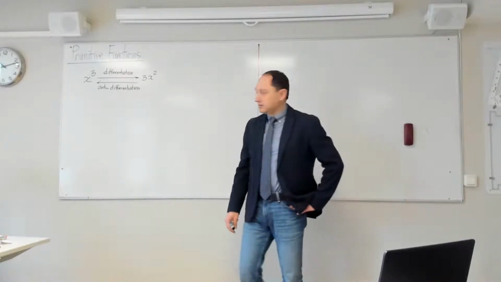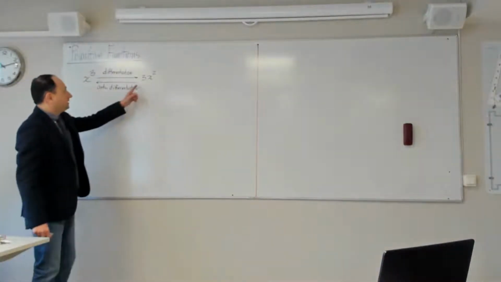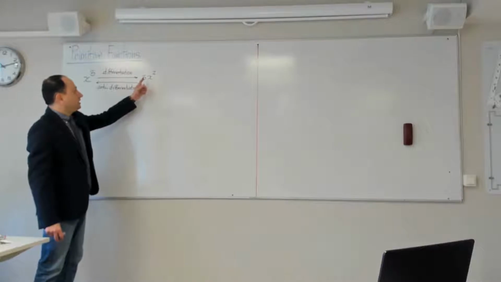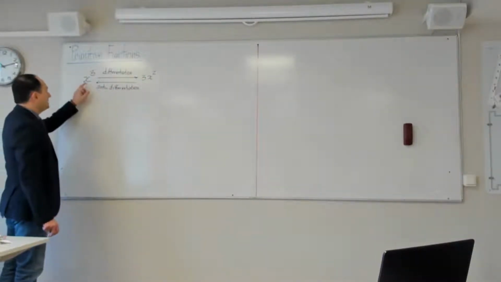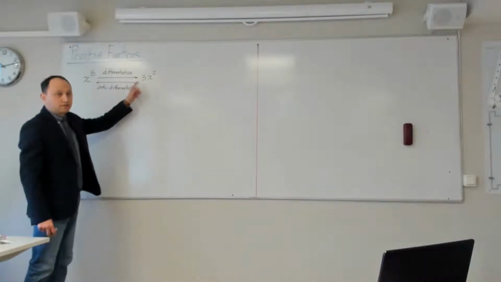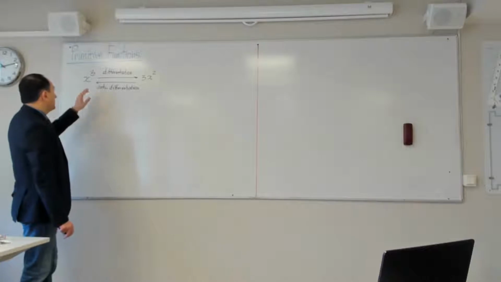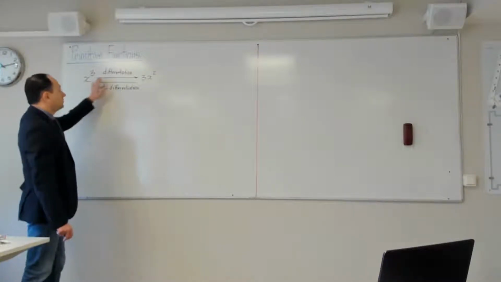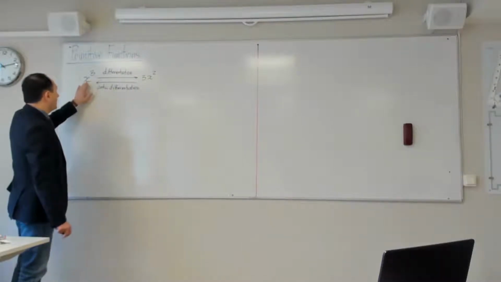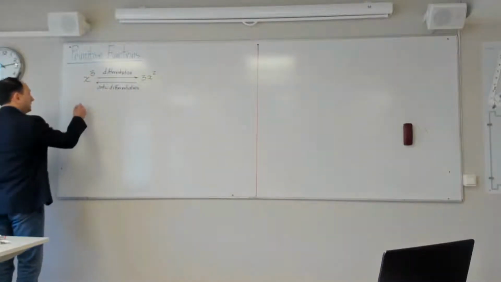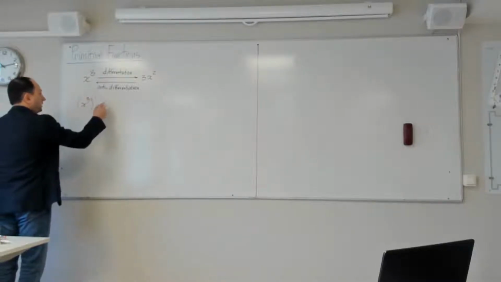Yes. Okay, thank you. So, you see here, I say that this is the derivative of this function, but I am saying that this is a primitive function of that function. Yes, because there are different functions whose derivatives are equal to this. For example, if I have x to the power of 3, derivative is 3x squared.